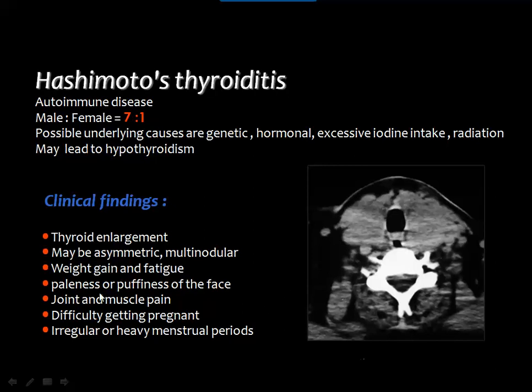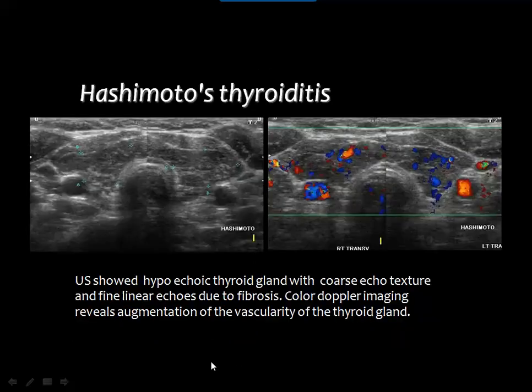Also the patient may gain weight and feel fatigue, sometimes the patient is pale with puffiness of the face and joint and muscle pain, and the females find some difficulties to get pregnant and irregular menstrual cycle. All these are supportive clinical data, but you are not able to reach the diagnosis without the cytology.